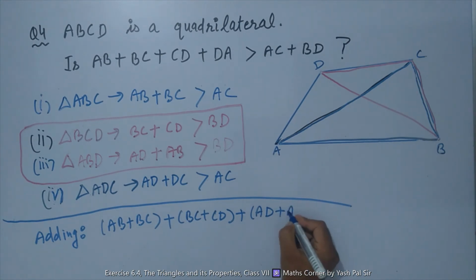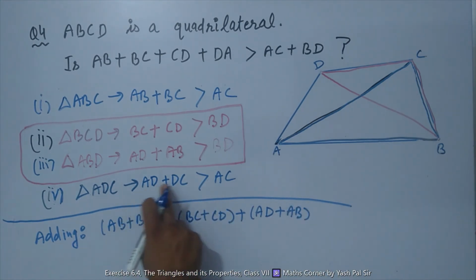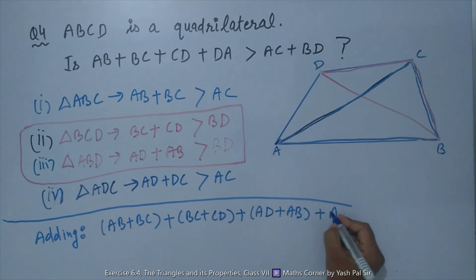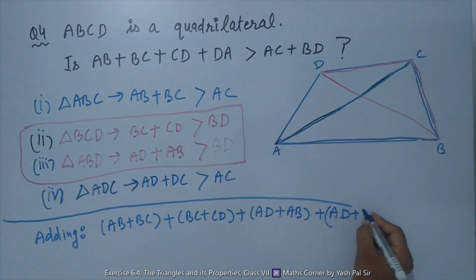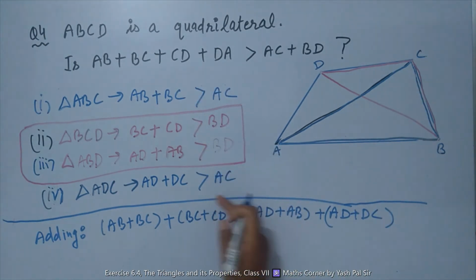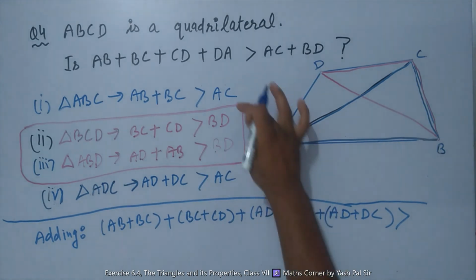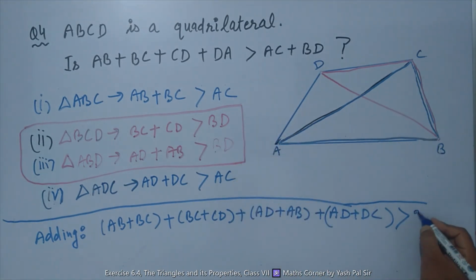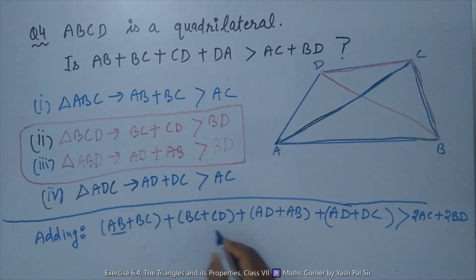Next time AD plus DC is greater than, everywhere this is greater than, so we put the greater than sign. AC plus AC becomes 2AC plus BD plus BD becomes 2BD.